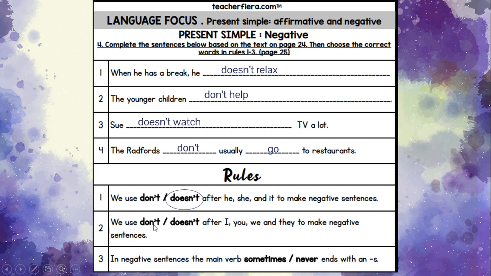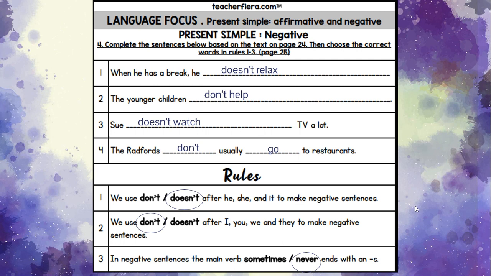We use don't or doesn't after I, you, we, and they to make negative sentences. So which one is the answer? That's right. The answer is don't. And finally, number 3. In negative sentences, the main verb sometimes or never ends with an S. So the answer is never.